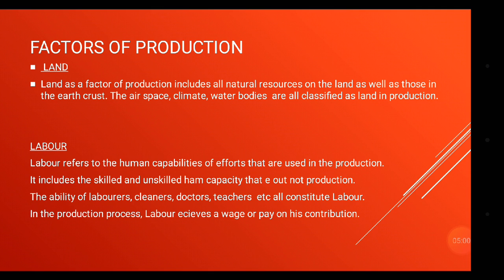So all the natural pre-existing resources that are used are classified as land. So the rivers, the climate, the lagoons, the sea, the land itself, the airspace, all of these are classified as land when it comes to factors of production.